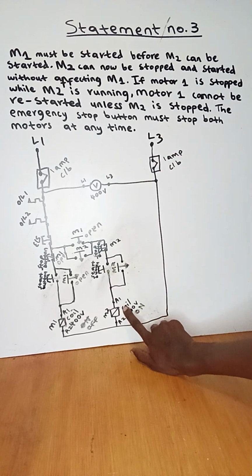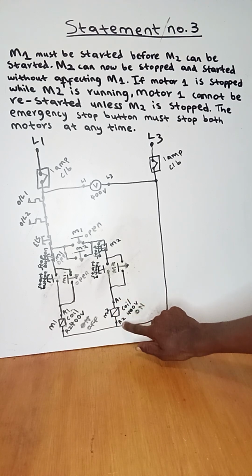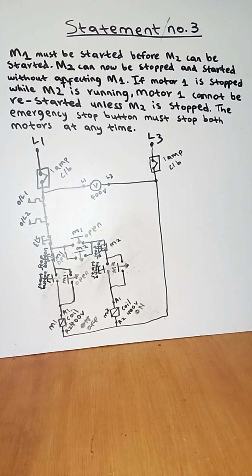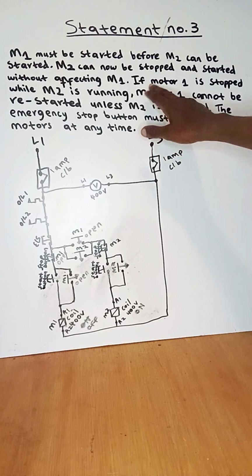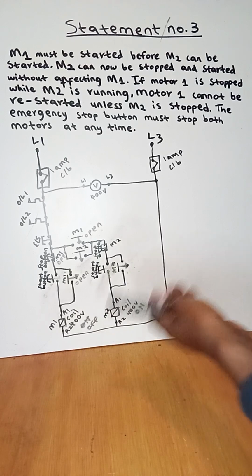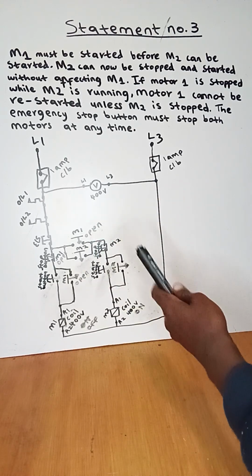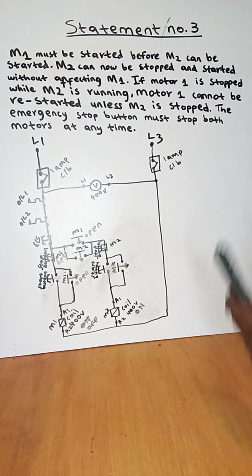So the coil of motor 2 still has live 1 and live 3, so it's still energized. So from statement number 3 until the comma, the statement is right. We have stopped motor 1, which didn't cause motor 2 to stop. Motor 2 is still running.